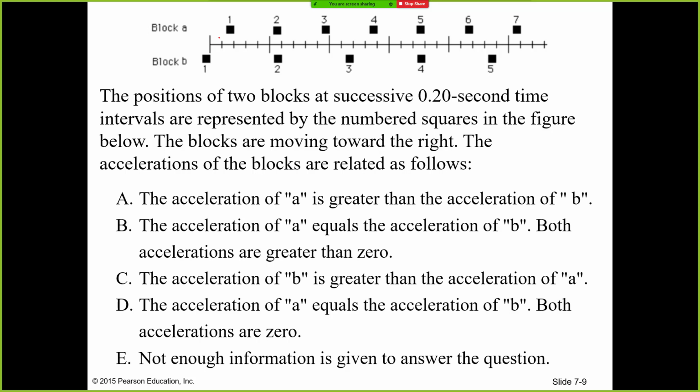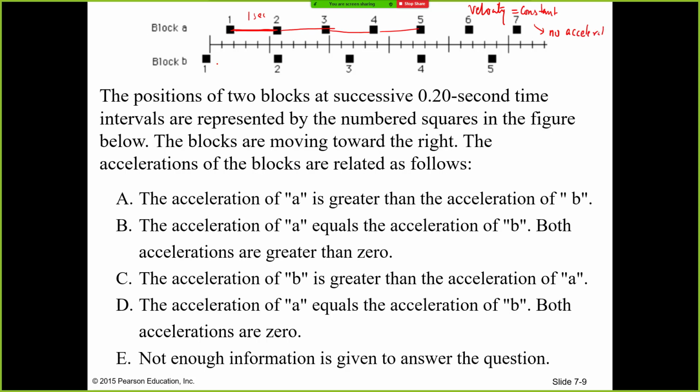Velocity is constant. Yeah, because they cover the same distance. So here, this covers this much distance in 1 second, and the same distance in this interval also. Same distance in this interval, same distance in this interval. So it travels the same distance in the same time interval. So that means velocity is constant. If velocity is constant, that means there is no acceleration.